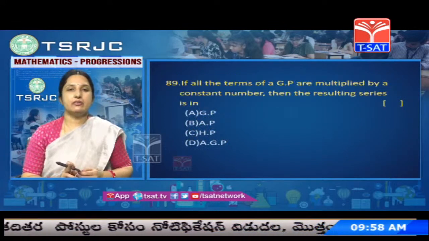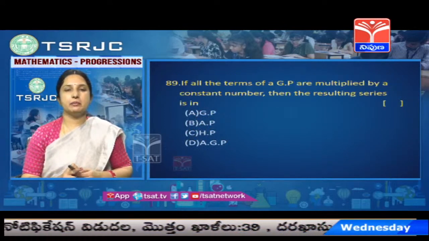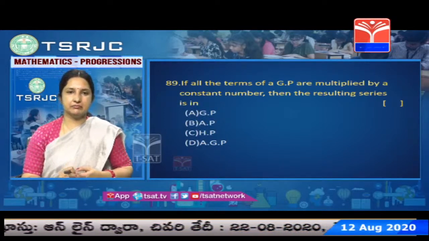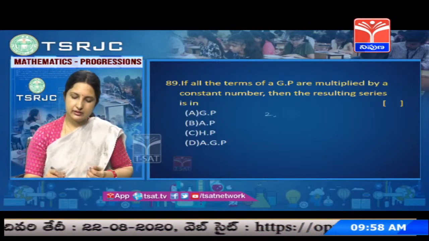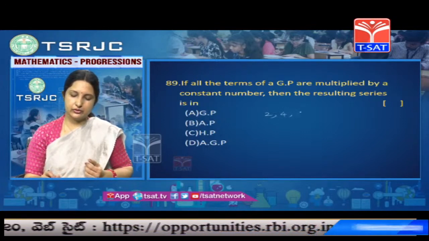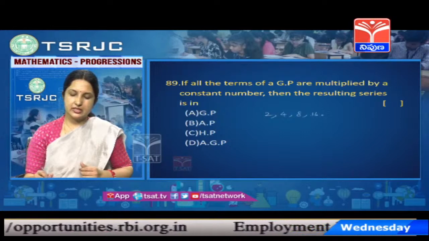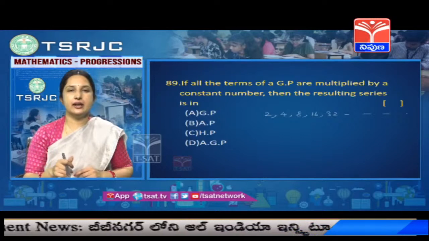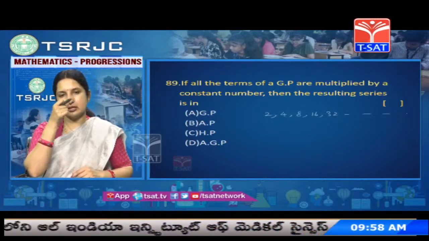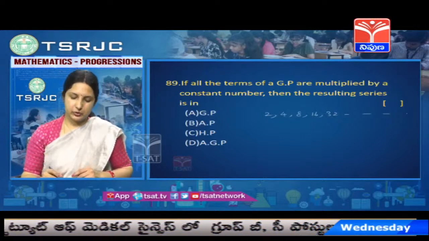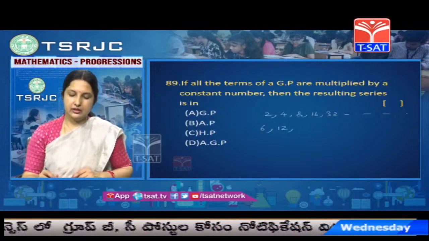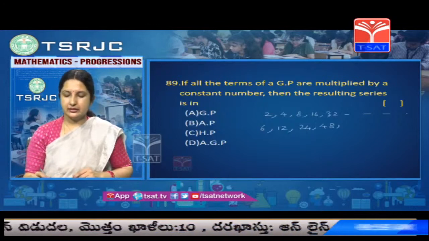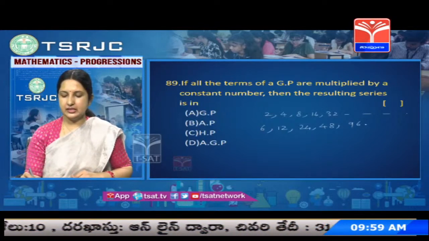Next, question number 89. If all the terms of a GP are multiplied by a constant number, then the resulting series is in what? So let's take one GP series: 2, 4, 8, 16, 32. If you multiply all the terms with a constant number, say 3: 2 threes are 6, 4 threes are 12, 8 threes are 24, 16 threes are 48, 32 threes are 96.